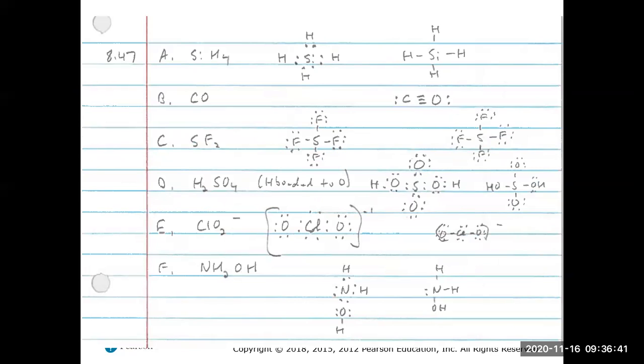Okay, let's take a look at 8.47. In 8.47, we want to draw the Lewis structures for these. So once again, the way you start is you have your central atom. In this case, it's silicon. And now we're going to attach the hydrogens to it. We would look up to see how many valence electrons that central atom has.